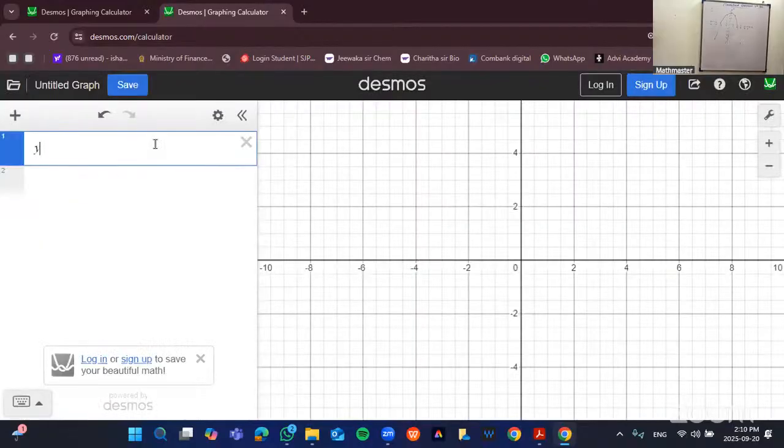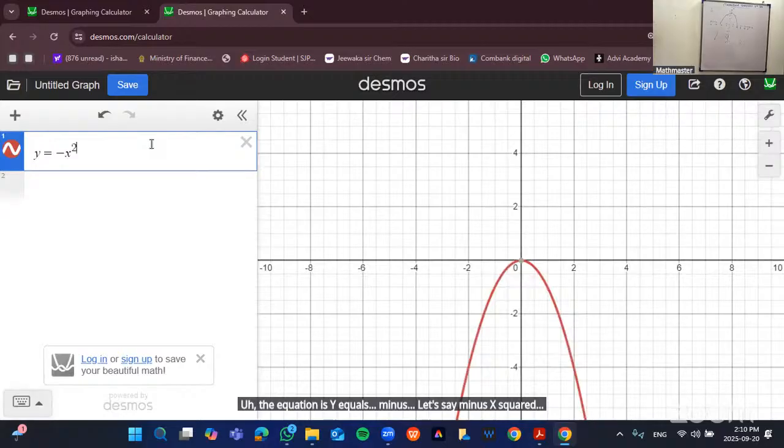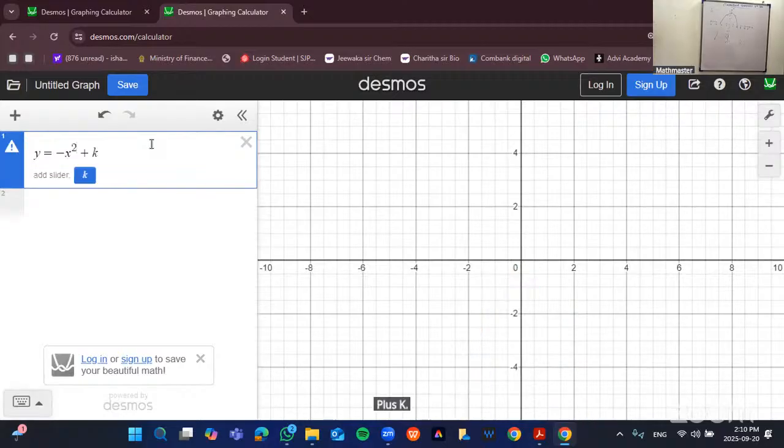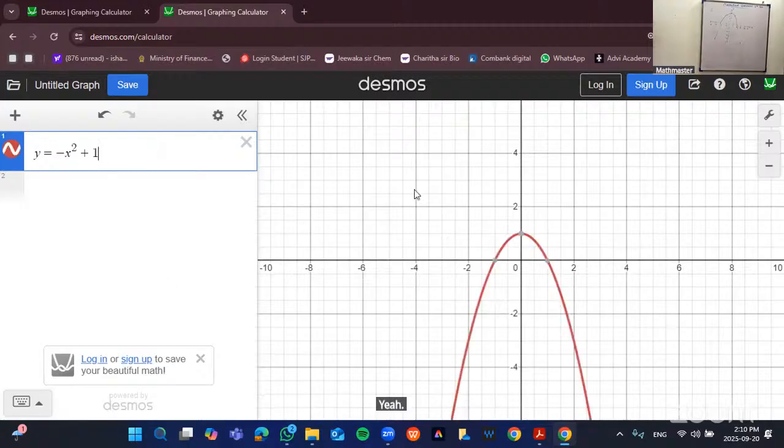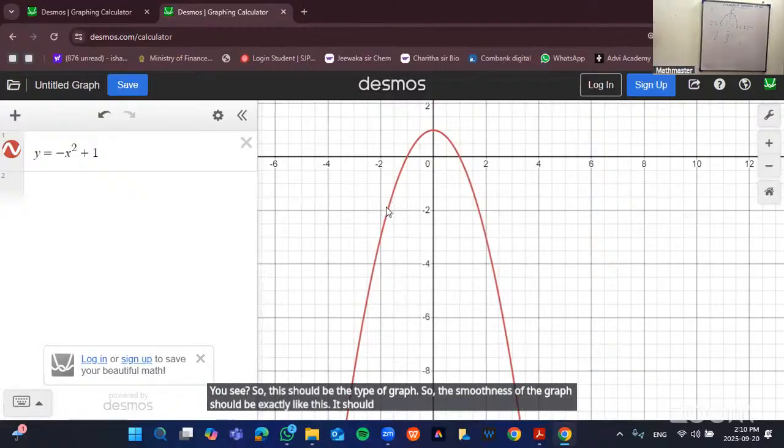The equation is y equals minus x squared plus k, let's put something like plus 1. So this should be the type of graph, and the smoothness of the graph should be exactly like this.